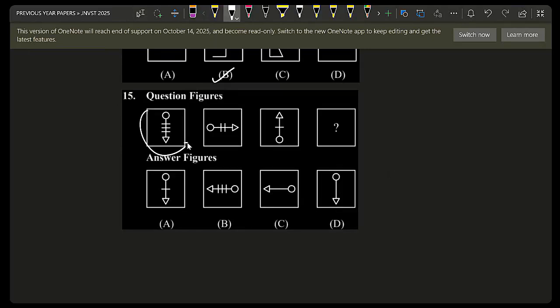This is rotated anti-clockwise, and this is rotated anti-clockwise, and it should rotate anti-clockwise in the next step. And not only rotating, you can see the number of lines at the center, 3, 2, 1. So slowly the number of lines is decreasing. So 1 minus 1 is 0. So no lines should be there in the center, and it should be rotating anti-clockwise 90 degrees. So correct option is C.